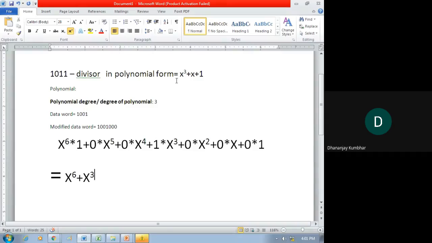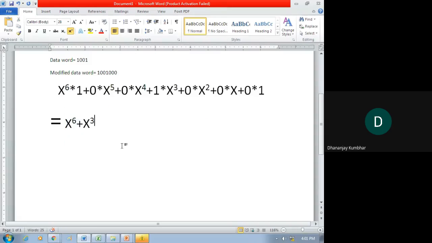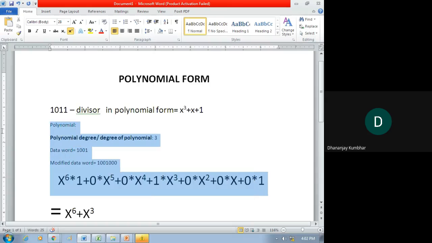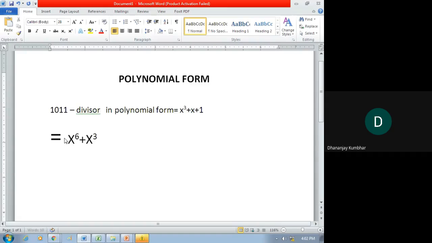आणि इथं आपल्याकडे काय आहे? Here you have the divisor value that is also mentioned in the polynomial form. You have here the modified data word mentioned in the polynomial form. Now what will be the next task? You have to divide this by this. Getting it?